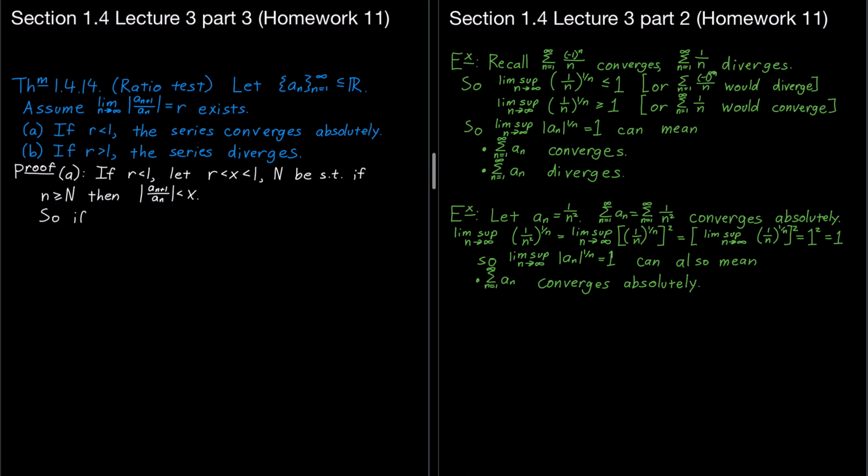So if little n is bigger than big N, then the absolute value of a_n is at most the absolute value of a_N times x to the n minus N, because you go little n minus N steps outwards. So that's some constant that doesn't depend on little n, times x to the n.